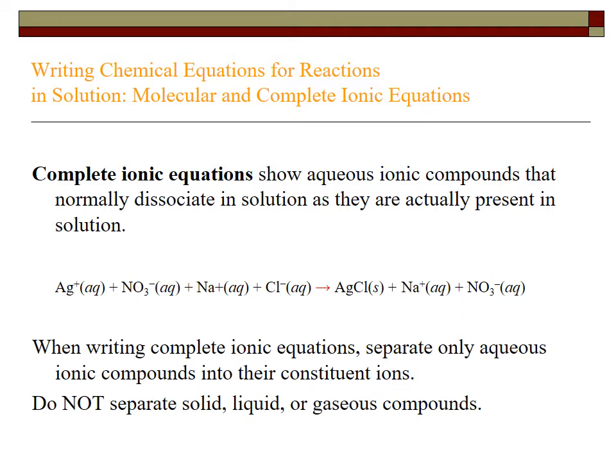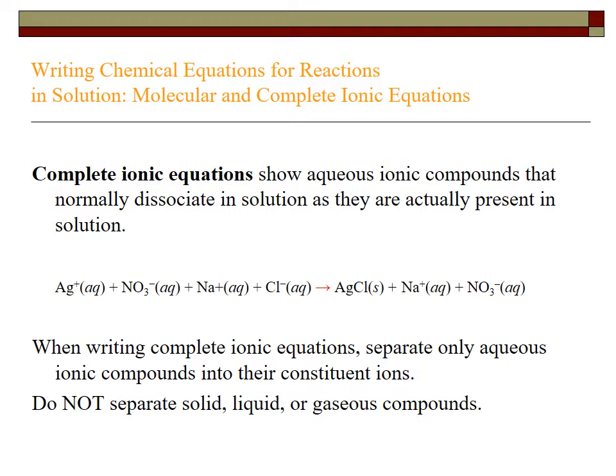Now, let's take that one step further and talk about a complete ionic equation. A complete ionic equation shows the aqueous ionic compounds that normally dissociate in solution as they are actually present in the solution. What does that mean?